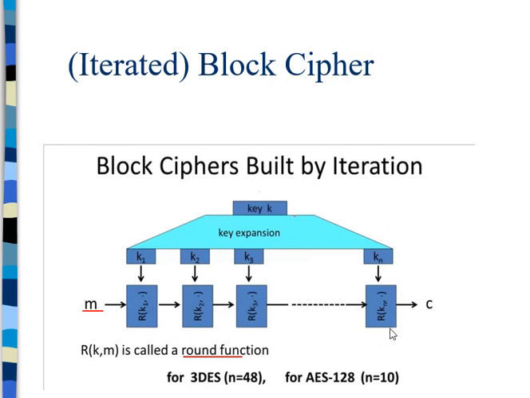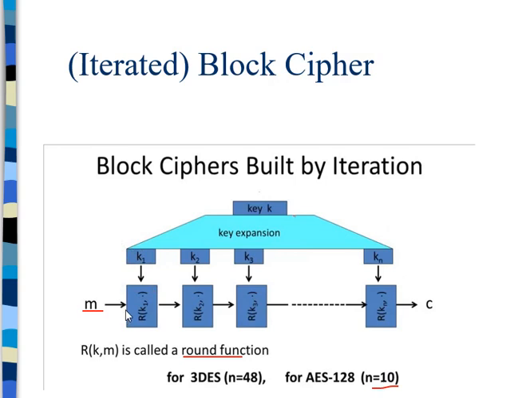For instance, in the AES method, the number of iterations is equal to 10, the number of rounds.